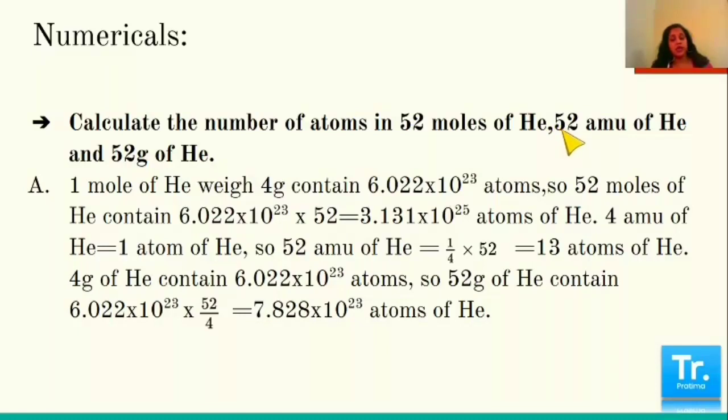It is 52 AMU, that means 4 AMU of He is 1 atom. And 52 grams, so we know that 4 gram will contain Avogadro's number, therefore 52 gram will contain how many? This first and third bit is known to you, it is only about 52 AMU which I had explained. Next.